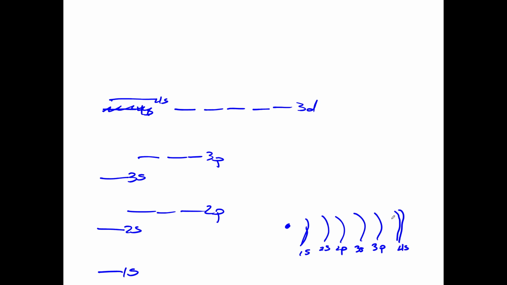Because the electron clouds are very close to each other, the 4s will get filled first, then the 3d. So it goes from here to here, then down to here. And this is what we mean by 4s always comes first and then the 3d, because the difference between these two orbitals is very, very small.